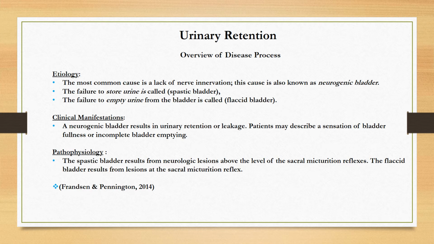And so the spastic bladder results from a lesion in that neurological area above the level of the sacral micturition reflexes. Micturition is basically urination, and the flaccid bladder results from lesions at the sacral micturition reflexes as well.